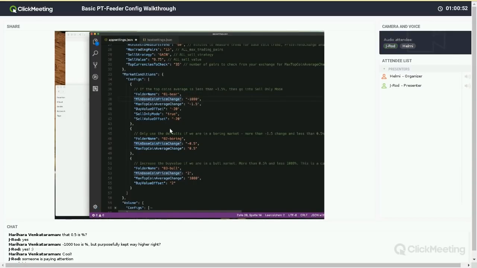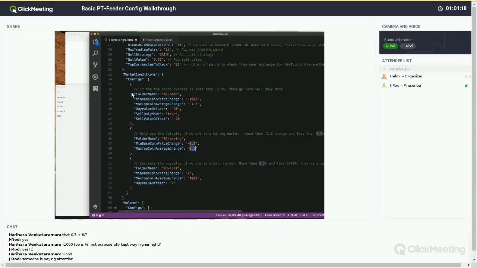And what he also said is that probably the max top coin average change could be 1% positive, even though the Bitcoin is at minus 3%. In this case, the bear condition would be set because it's more up in the config.